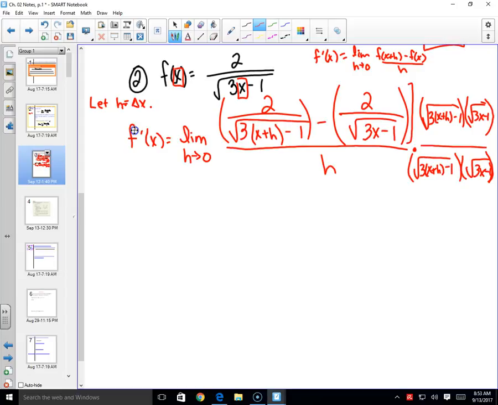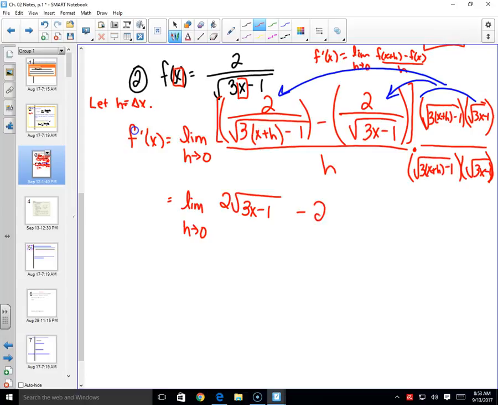So when you bring this in, one's going to cancel on that one, the other one's going to cancel on this one. So I'm going to have 2 times the one that doesn't cancel on the first, which is 3x minus 1, minus 2 times the other one.